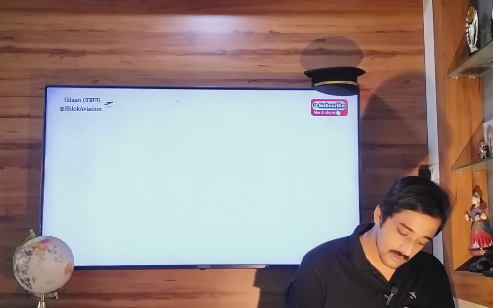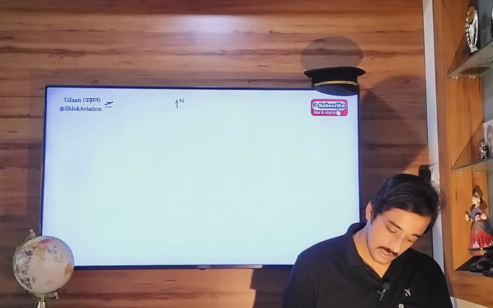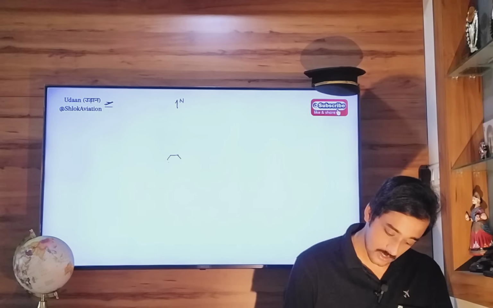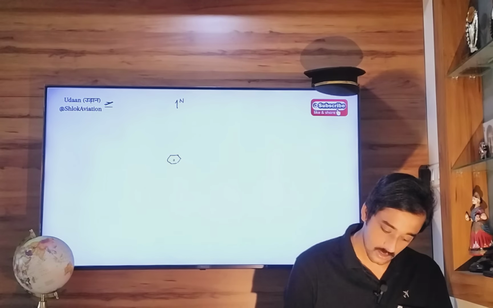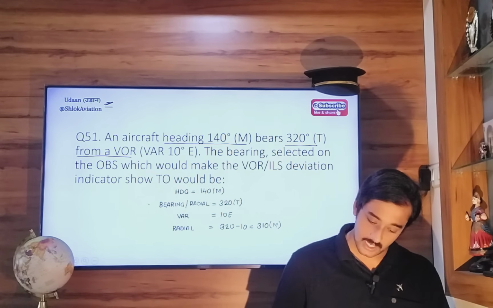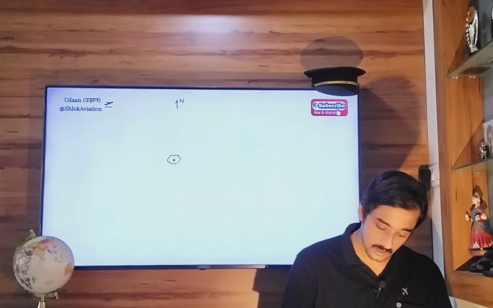So let's draw the diagram. This is your north datum. Let's say this is your VOR station. Radial is 310 magnetic.